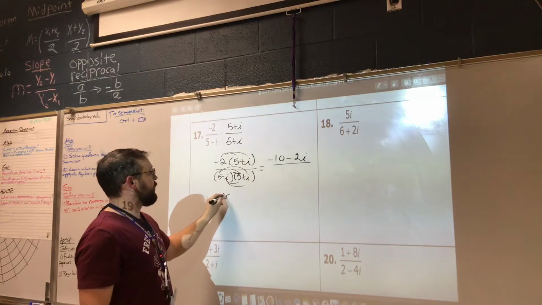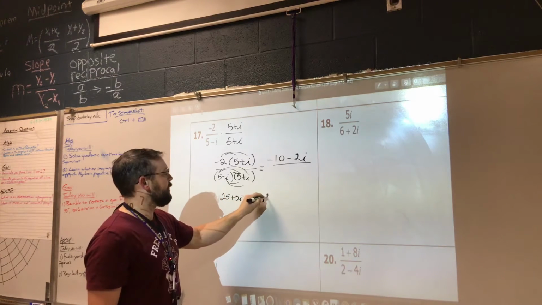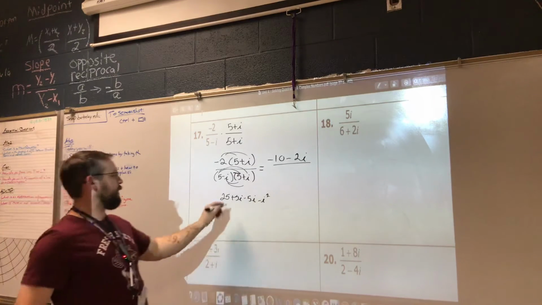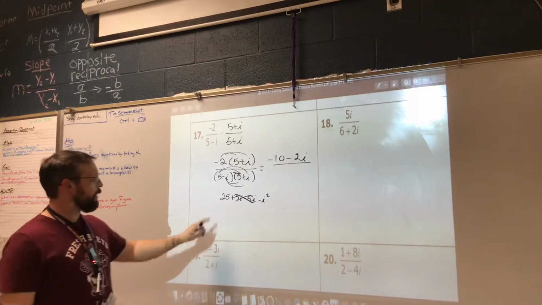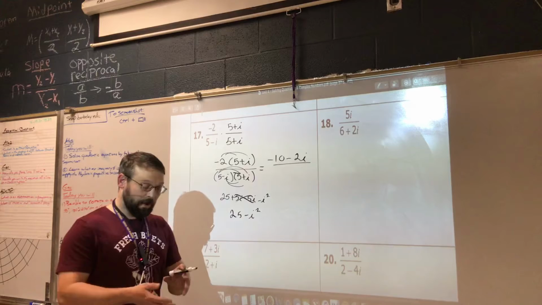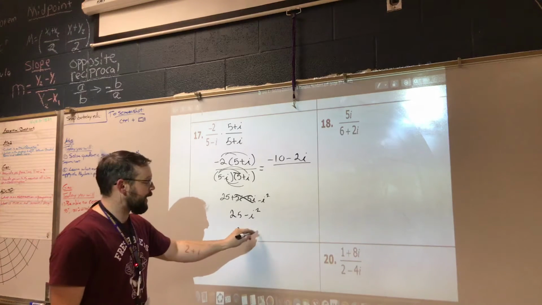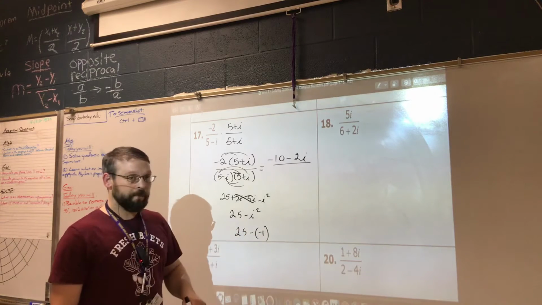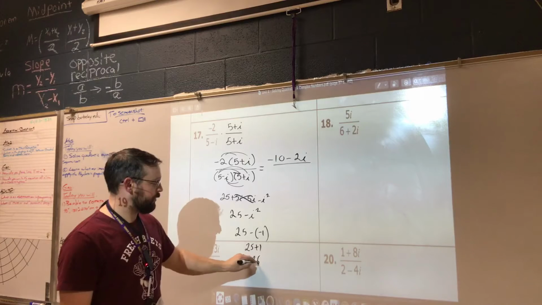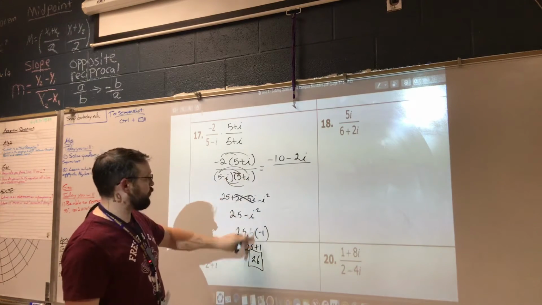So that'd be 25 plus 5i minus 5i minus I squared. So those cancel, they're gone. So you've got 25 minus I squared. So the I squared, remember, is negative 1. So that's 25 minus a negative 1, which would really be 25 plus 1, which is 26.